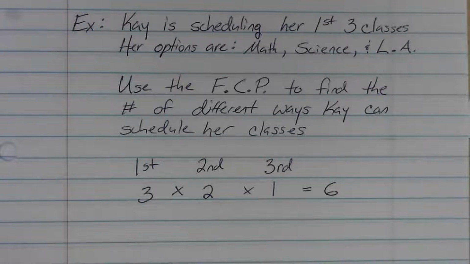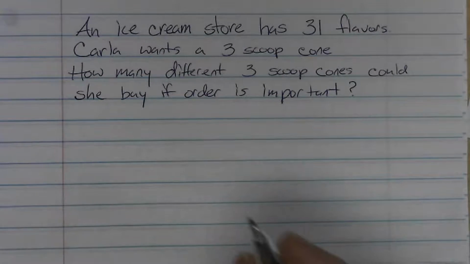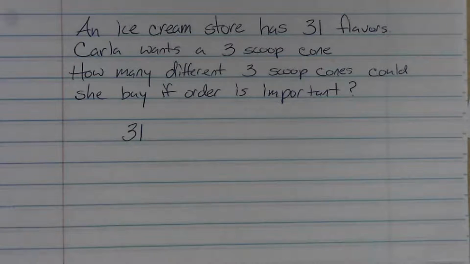Let's take a look at another example. Suppose at an ice cream store we've got 31 flavors. Carla walks in and says, "I want a 3-scoop cone." How many different 3-scoop cones could she buy if order is important? First, second, third, as far as the scoops. When she chooses her first scoop, she's got 31 flavors to choose from.